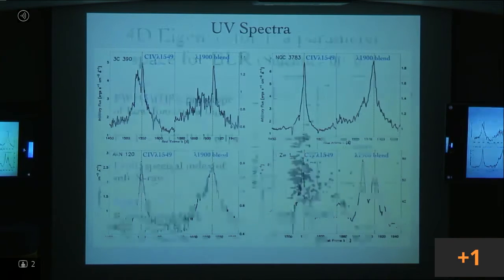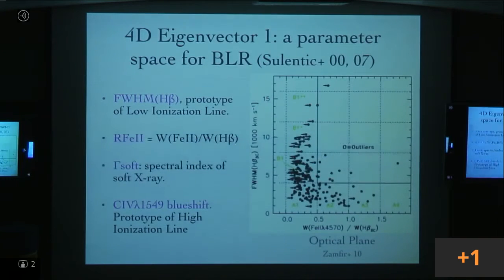Well, there is work of Sulentic, Marziani, and Dultzin, who made this four-dimensional eigenvector 1 to try to see the spectral characteristics of quasars. This four-dimensional space involves the full width at half maximum of H beta, which is a prototype of a low ionization line, the ratio of the equivalent width of iron 2 over H beta, the gamma soft excess, and the carbon 4 blueshift. Carbon 4 is a prototype of a high ionization line.